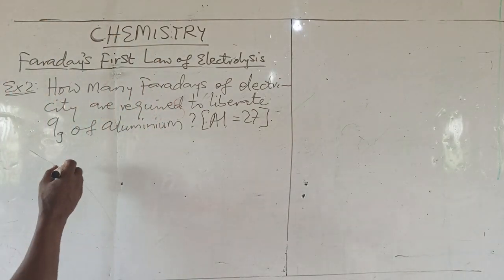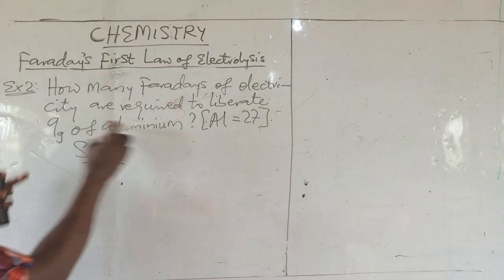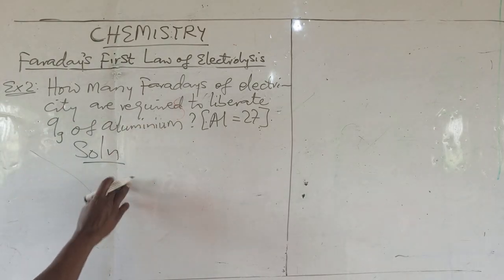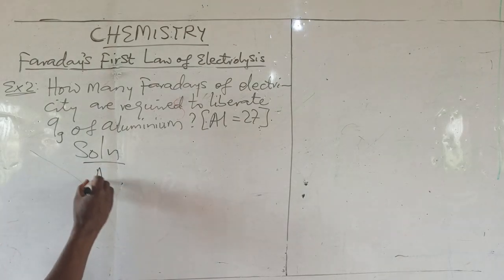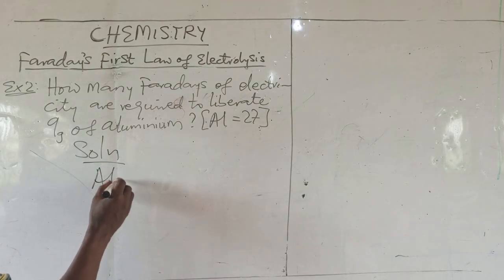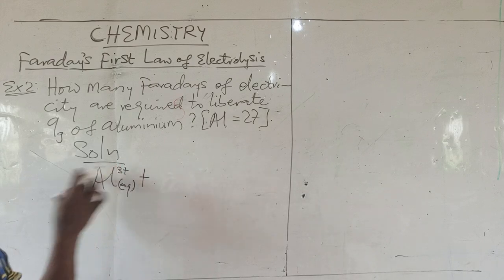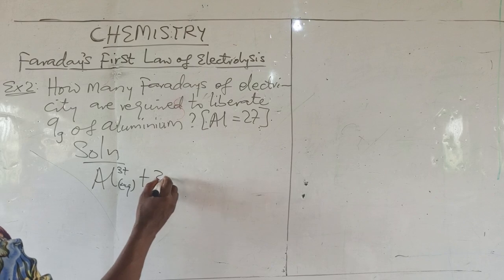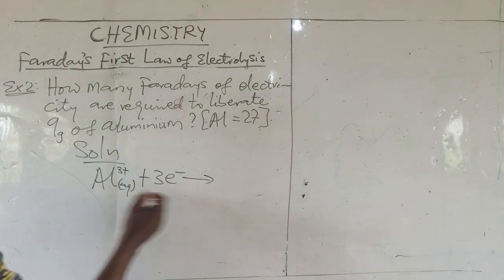Okay, now solution. We are talking about aluminium here, to liberate aluminium from its solution. So Al is already in solution. Now we are trying to take it out by adding 3 electrons. Write the half equation and balance it. And that gives you what?